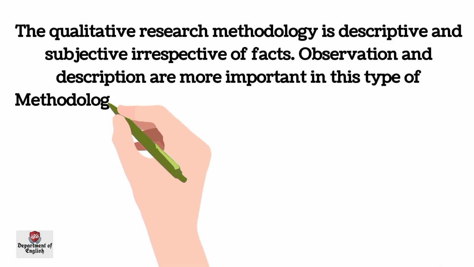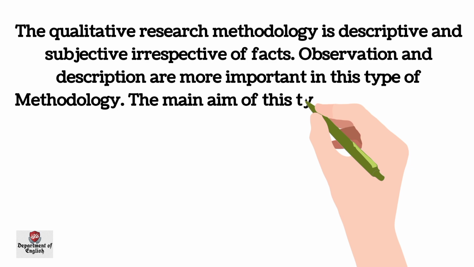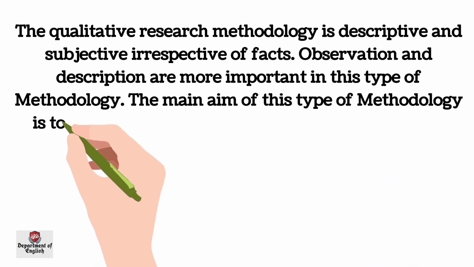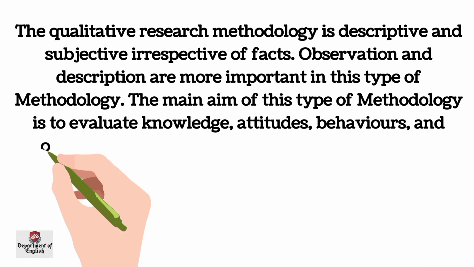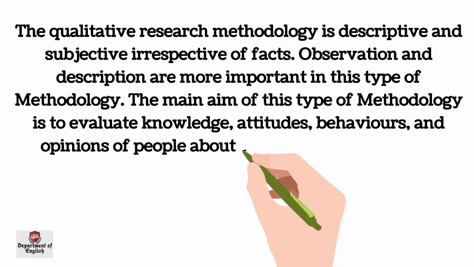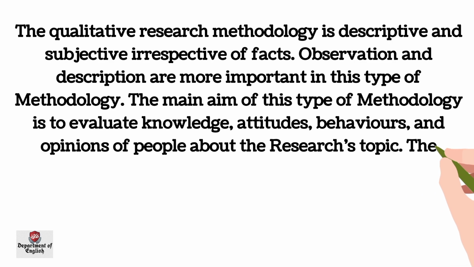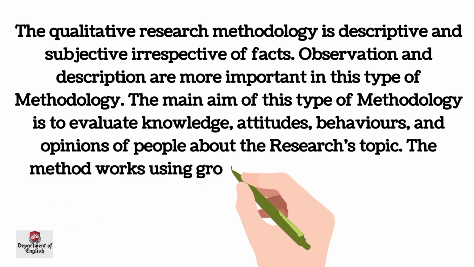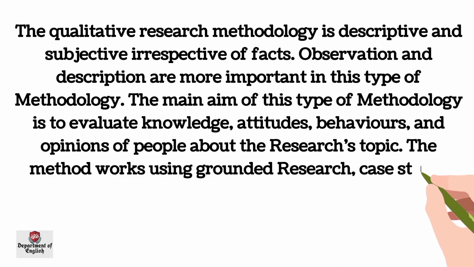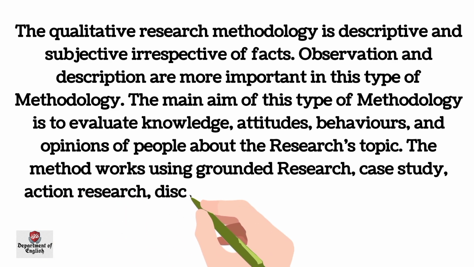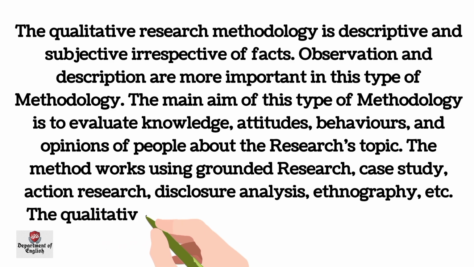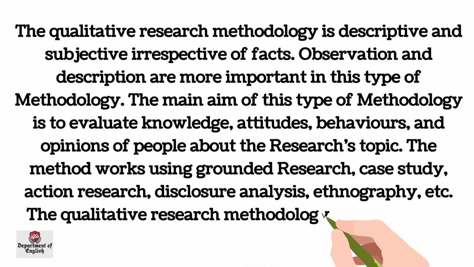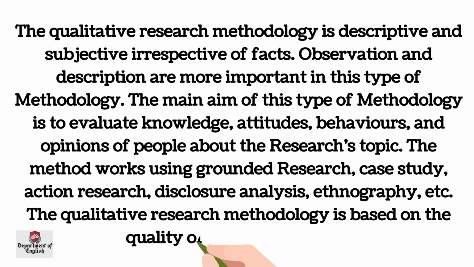The main aim of this type of methodology is to evaluate knowledge, attitudes, behaviors, and opinions of people about the research's topic. The method works using grounded research, case study, action research, discourse analysis, ethnography, etc. The qualitative research methodology is based on the quality of the phenomenon.